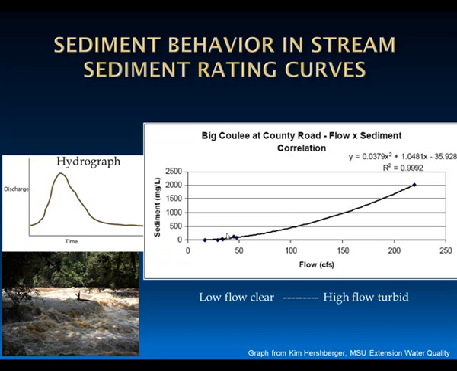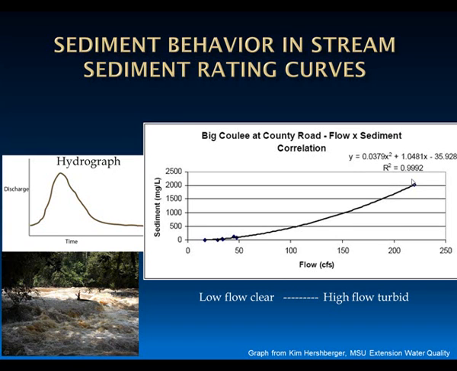That concept is depicted in this graph here, which is a relationship between flow and sediment concentration. At the lowest flows here in Big Coulee, we've got really low sediment concentrations, whereas when the flow gets high, we get a really large sediment concentration moving downstream.